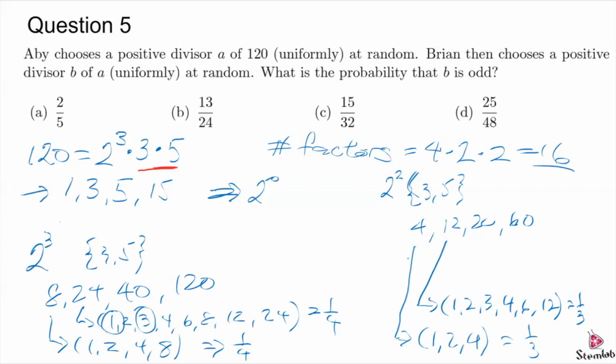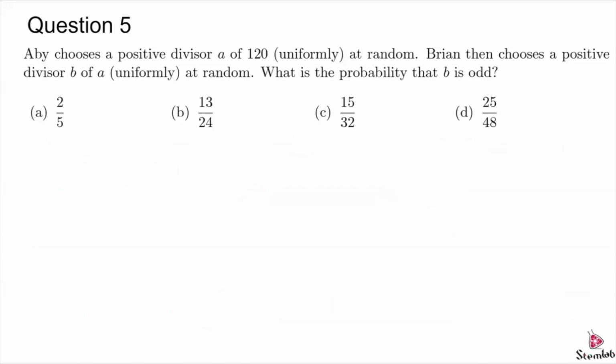So it turns out that if Abby chose something of the form 2 to the 0 and some combinations of 3 and 5, we are basically guaranteed that Brian would choose something that's odd, with probability 1.